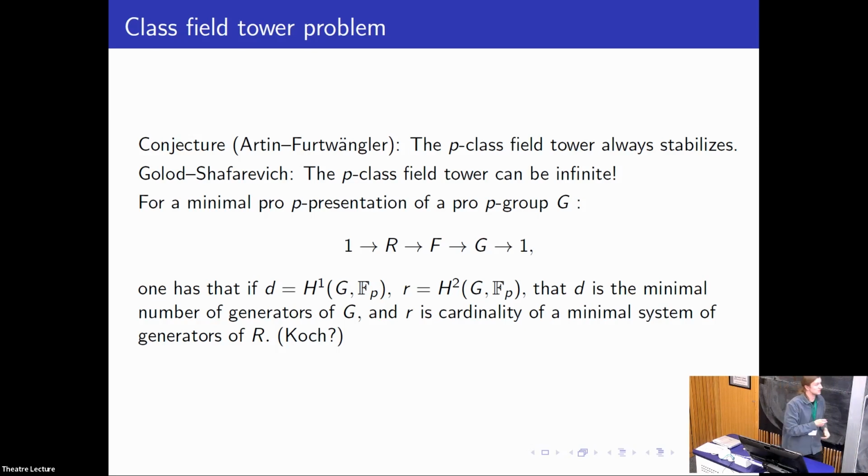Then you can further see that if you let D be the dimension of H1(G, F_P), and you let R be the dimension of this H2 group, D is the minimal number of generators of such a presentation, and R is the cardinality of a minimal system of relations. So H1 captures the minimal system of generators, and H2 captures the relations.